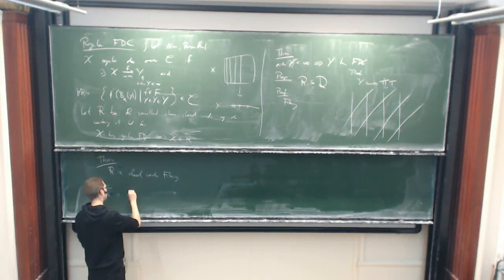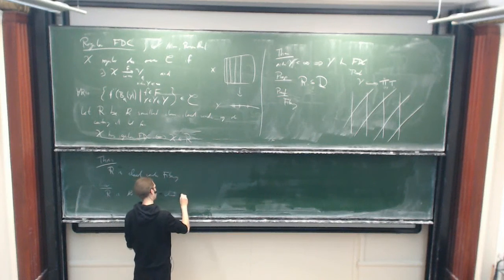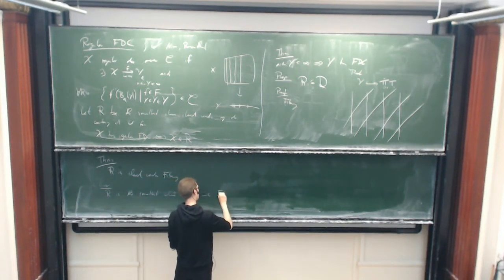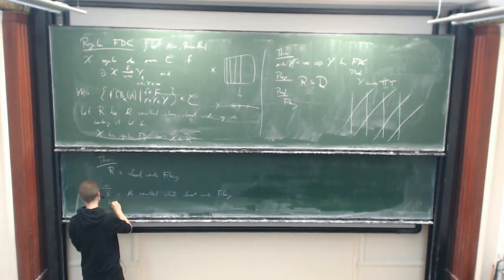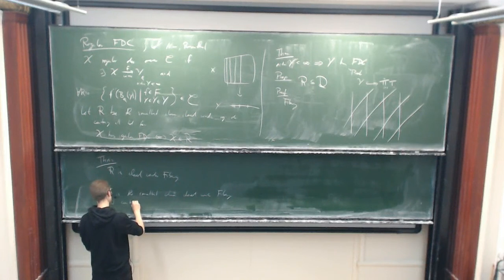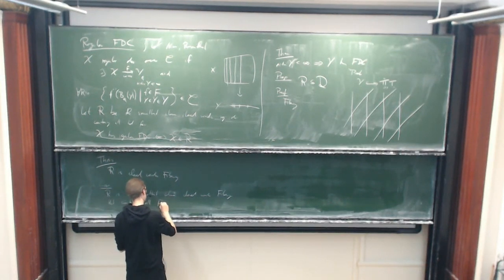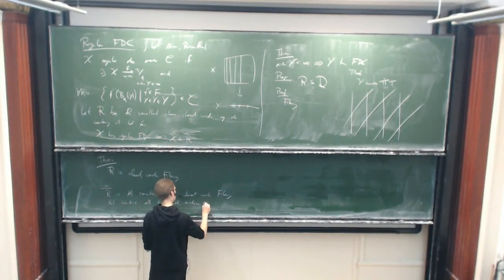R is the smallest class closed under fibering that contains all families with finite asymptotic dimension.